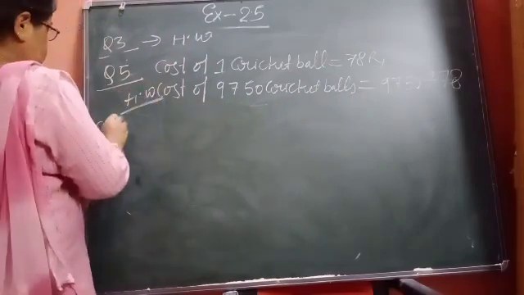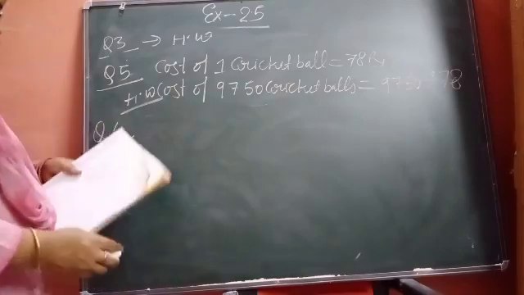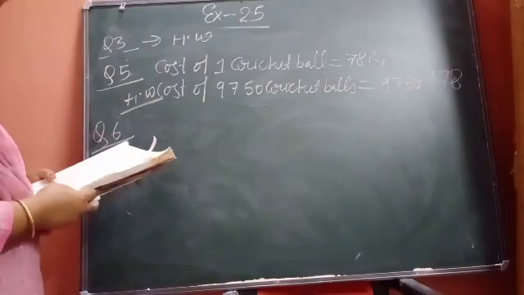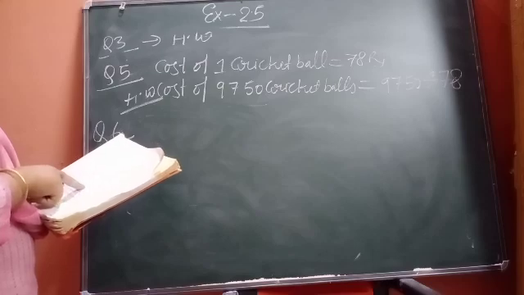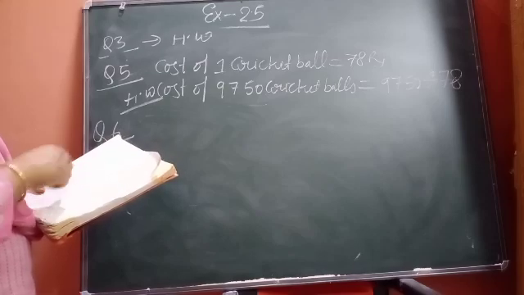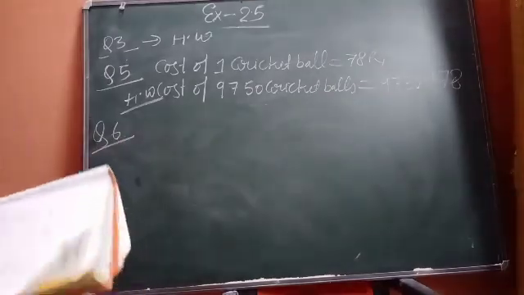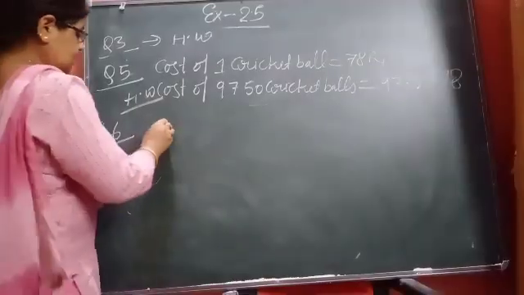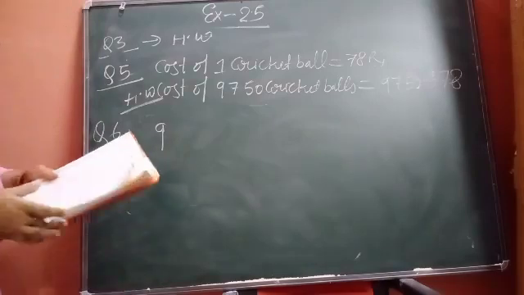Okay. Now move to question number 6. Find the greatest 8-digit number which is exactly divisible by the greatest 2-digit number. Write that. I just read the question.